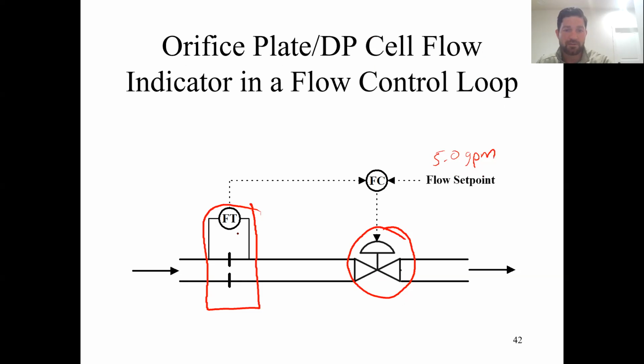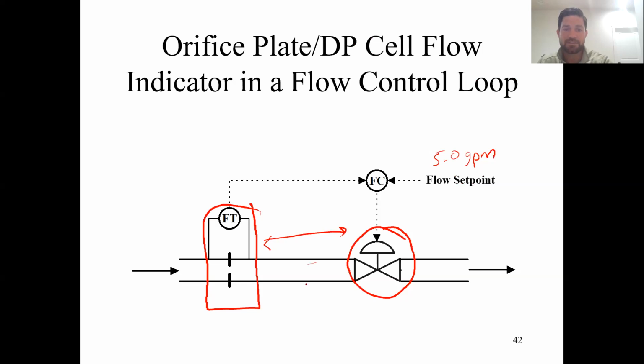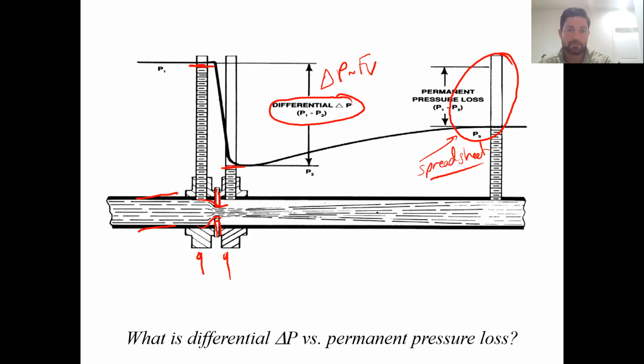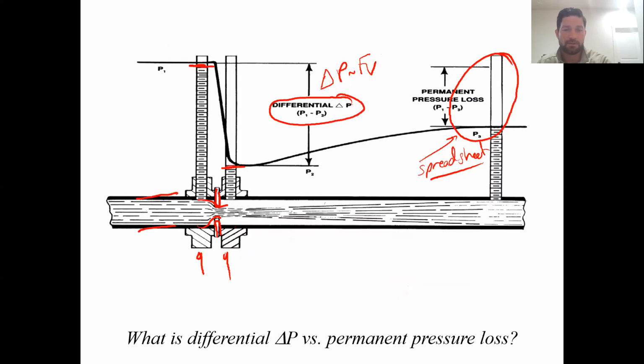One thing I want to point out too is typically you would want your orifice plate DP cell to be not right next to your control valve, because you want your flow to have enough time to respond. So typically this is at least a few feet before the actual control valve. And also you don't want to put this flow meter close to an elbow or close to something else, because you want the flow going into the orifice plate to be fully developed.